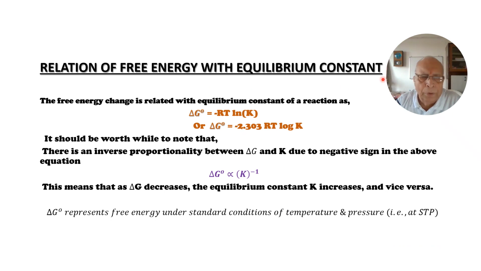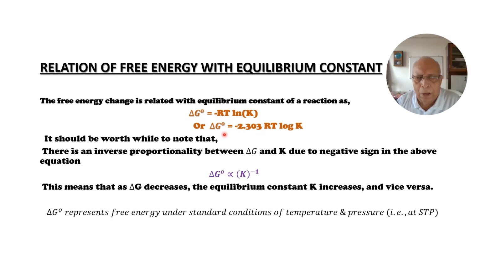Now, we know that delta G is equal to minus RT ln K, and this ln is the natural logarithm. For simplification, we can change this expression in terms of log by multiplying with 2.303.